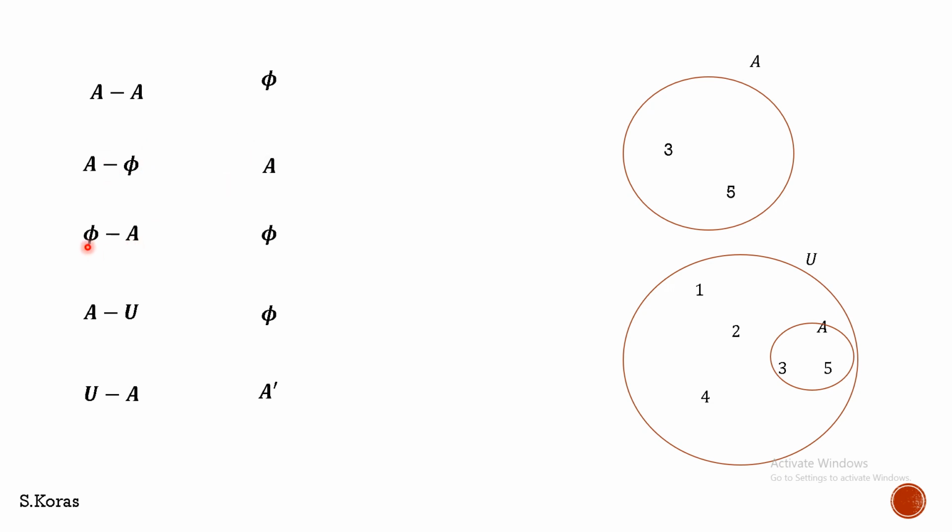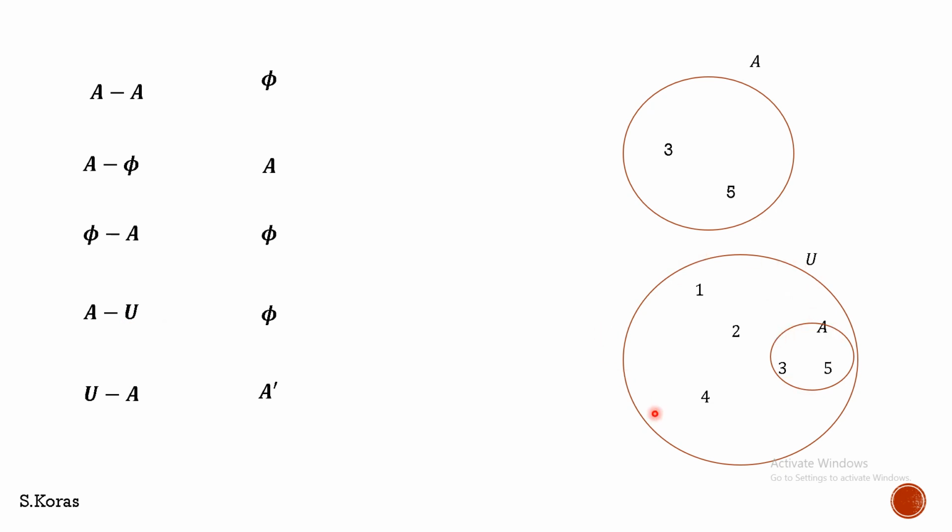If you consider empty set minus A, the answer will be the empty set. Because in this set there is nothing, and from nothing we cannot remove anything. So the answer will be nothing, that is the empty set. Then A difference universal set. See here, this is our A set.